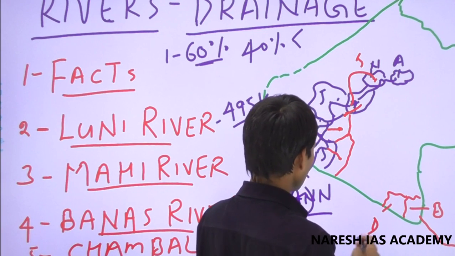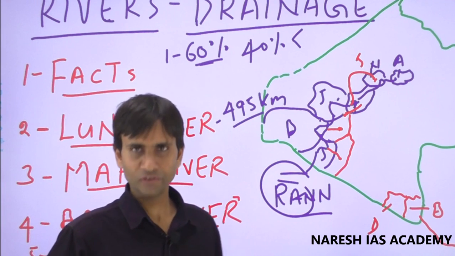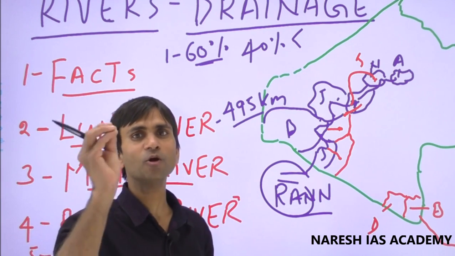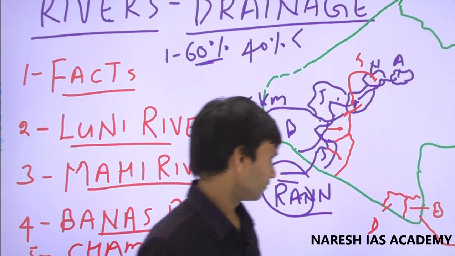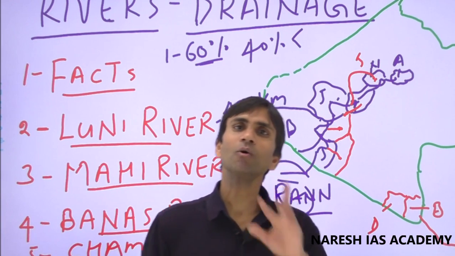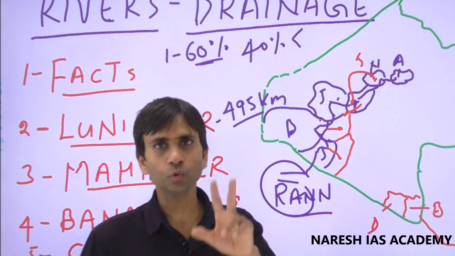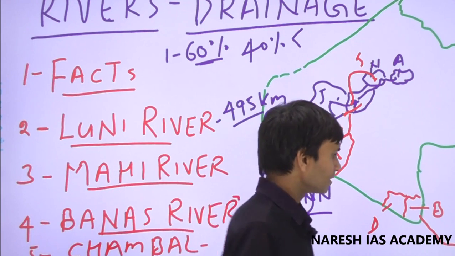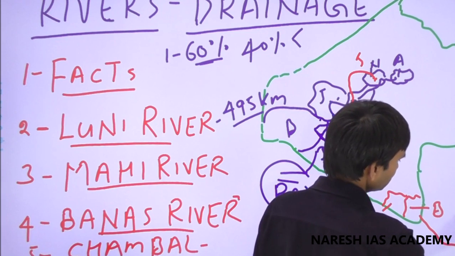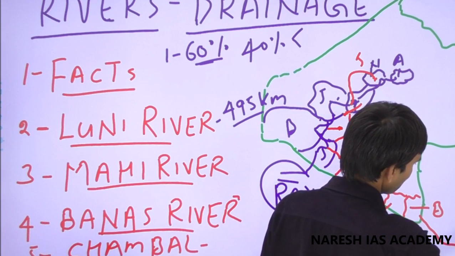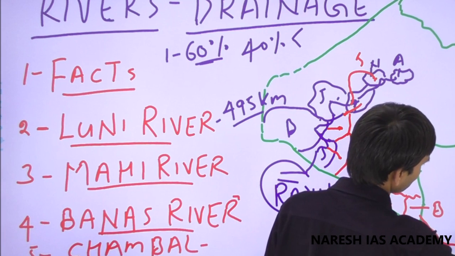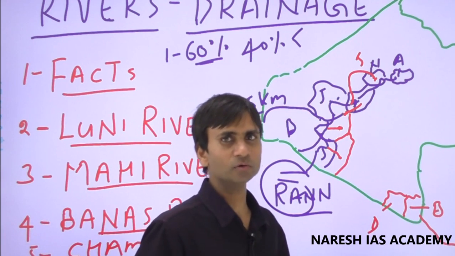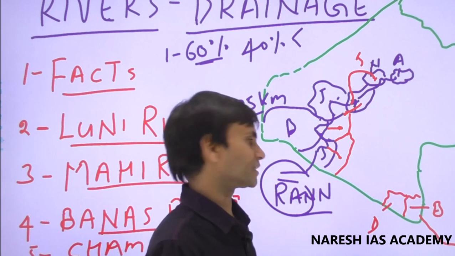In the previous video, I already discussed the geographical position of the Tropic of Cancer, and we discussed that the Tropic of Cancer only passes through two districts of Rajasthan, Dungarpur and Banswara. Mahi river has a total length of 576 km, but in Rajasthan it flows only about 170 km.